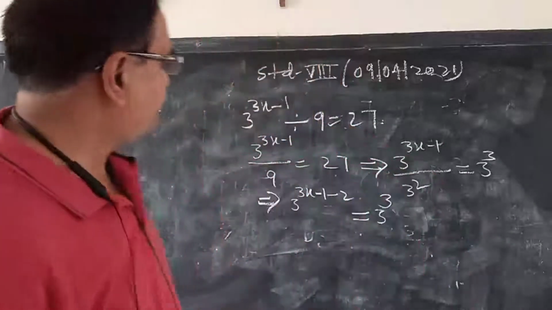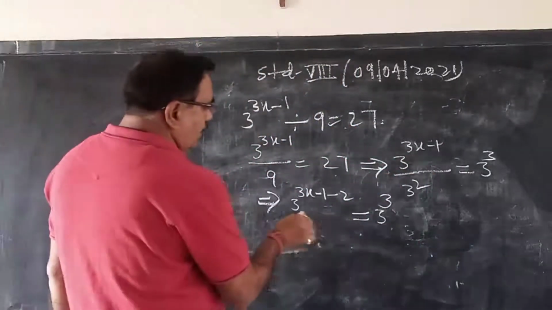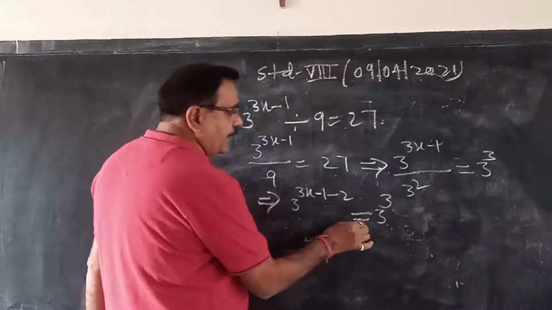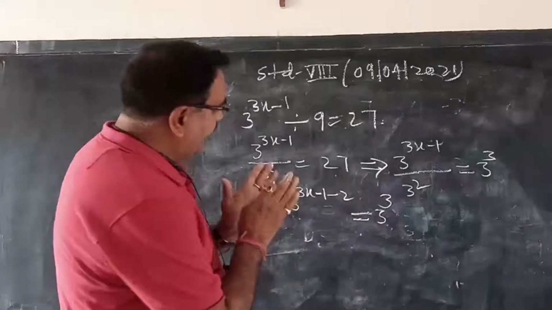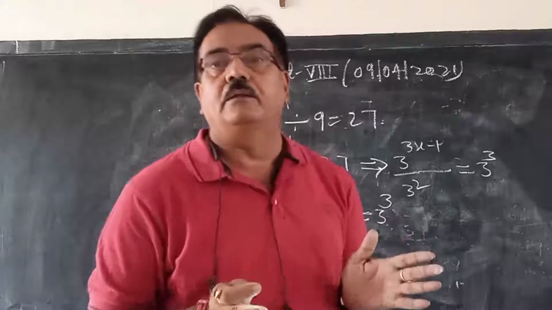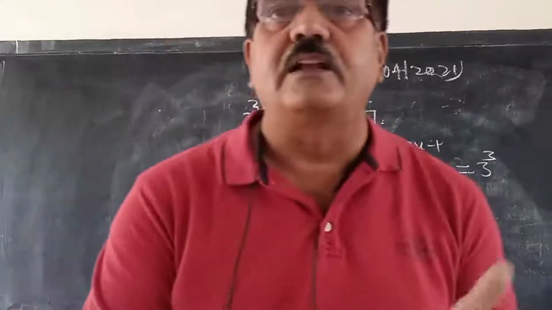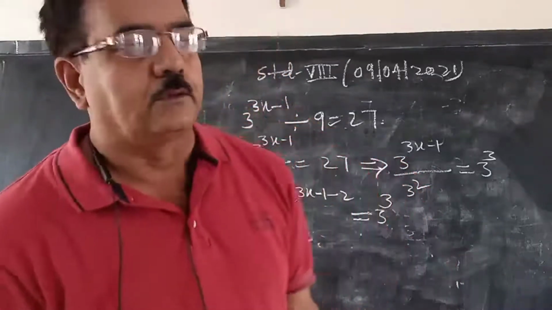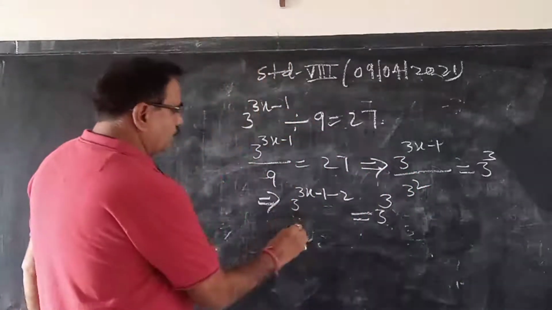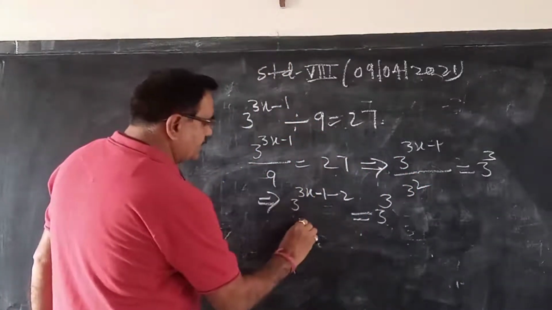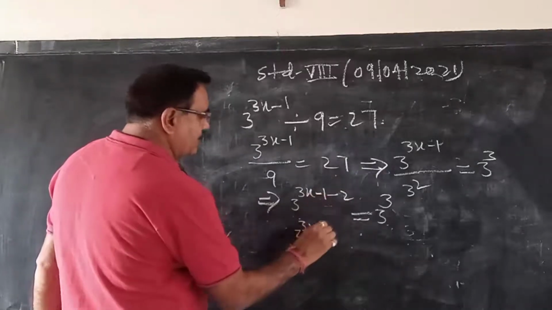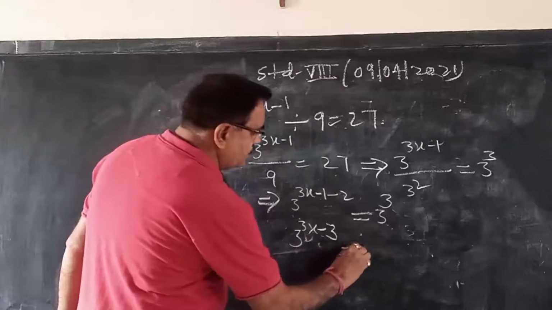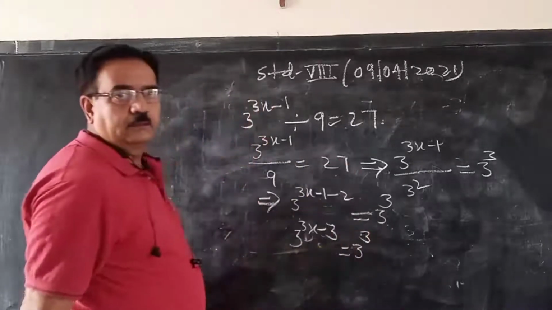Is it clear? Now, what sign is given between them? The sign given is equal. When the equal sign is given, what does it mean? The left hand side and right hand side have the same value. So 3x minus 1 and minus 2 become minus 3, and this is 3 to the power 3.